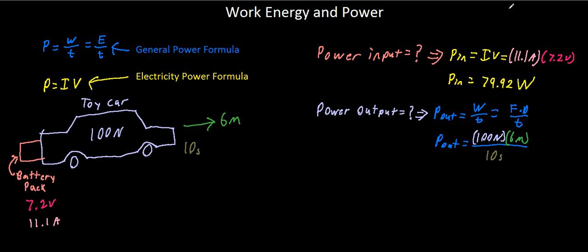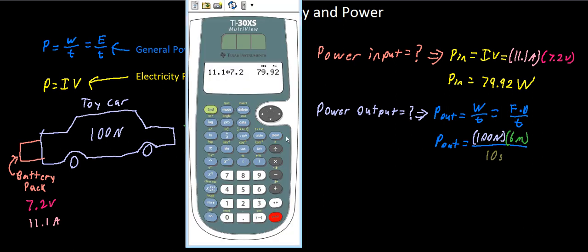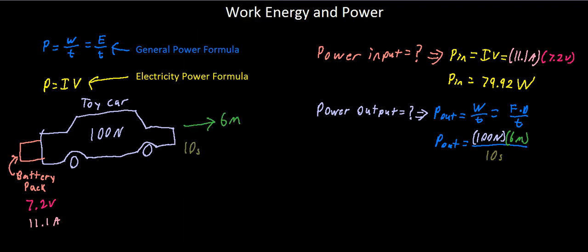Hopefully you can figure this one out on your own. It's pretty simple, but just in case, let's use our calculator. What's 100 times 6? Of course it is 600. Then we divide that by 10, and we get 60. So our power output is very simply 60 watts.